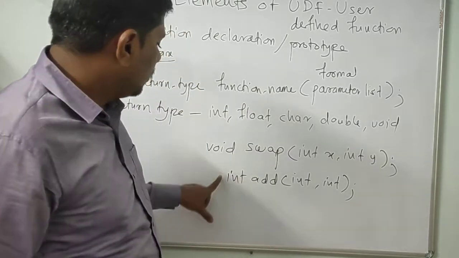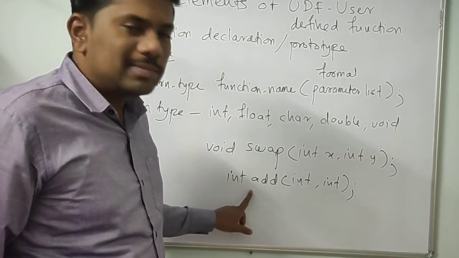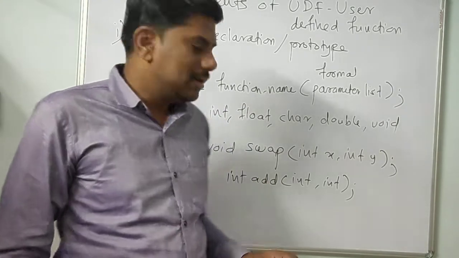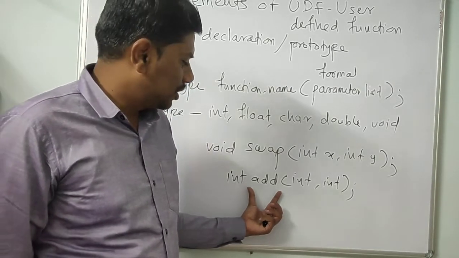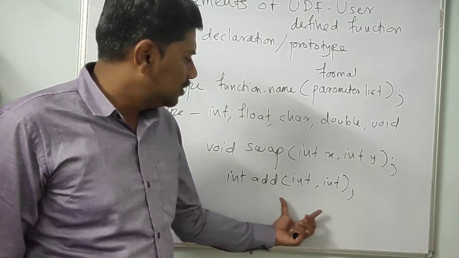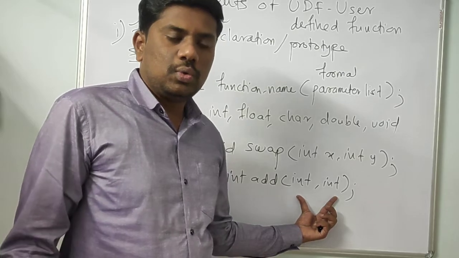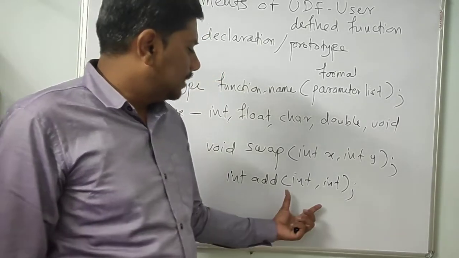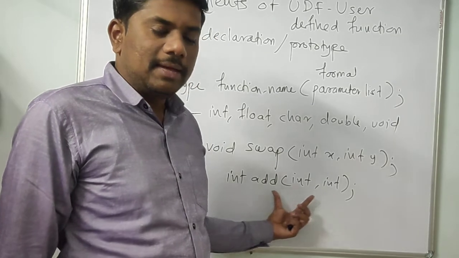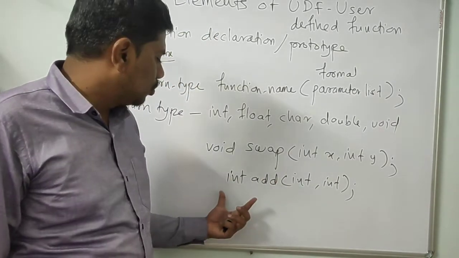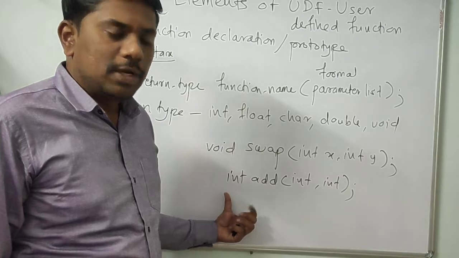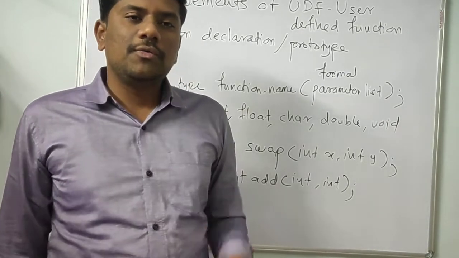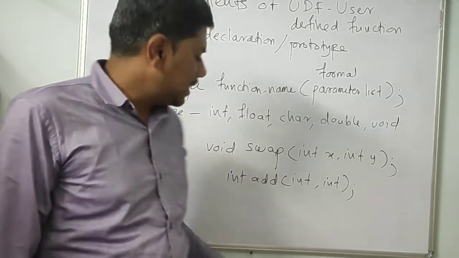Whenever the compiler reaches this line, at this moment only the compiler can understand that the user has created a function whose name is add, and that function is going to receive two integer values as input and return one output whose type is int. So this information is understandable by your compiler at this moment.